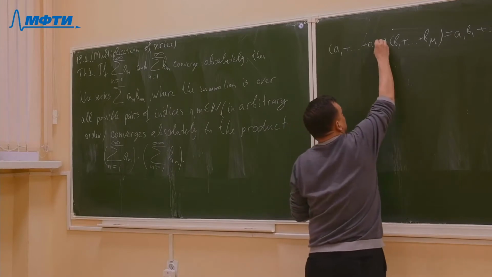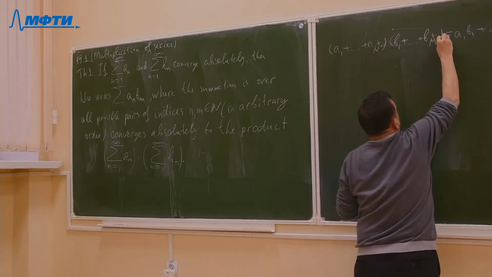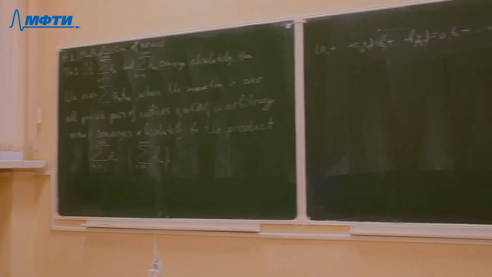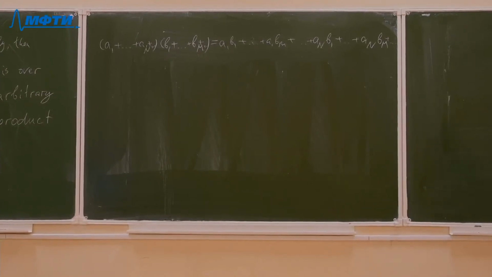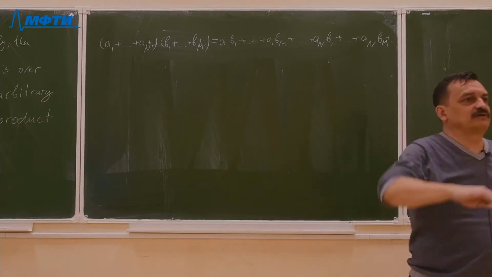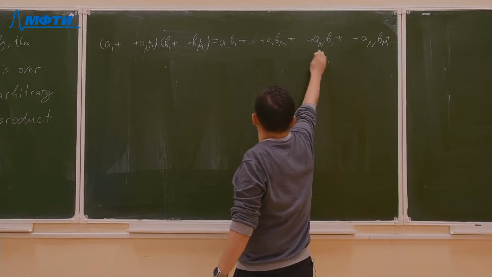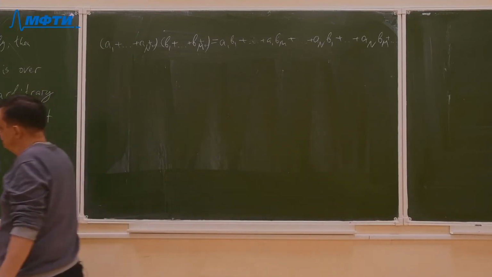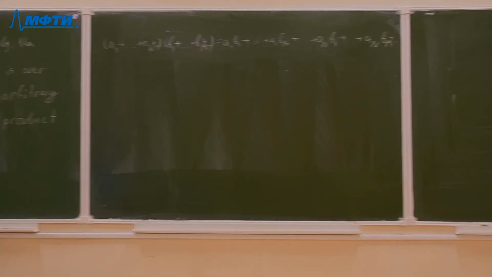So it means we can extend the same rule to the product of infinite sums. So it doesn't matter in which order we choose the considering of all possible pairs. The theorem says the result will be the same.